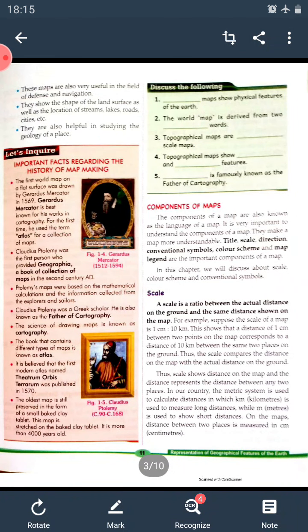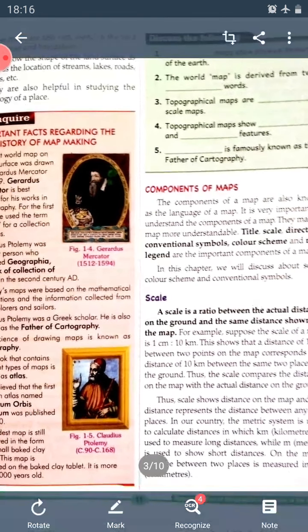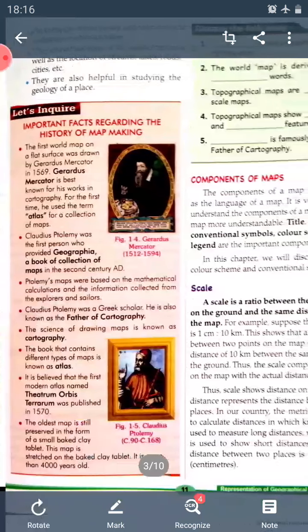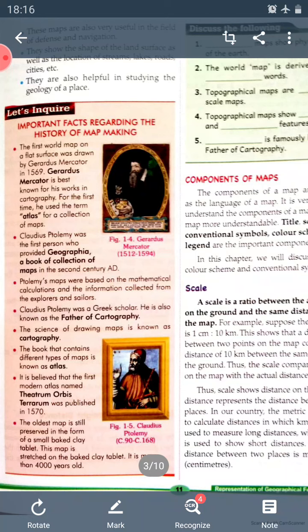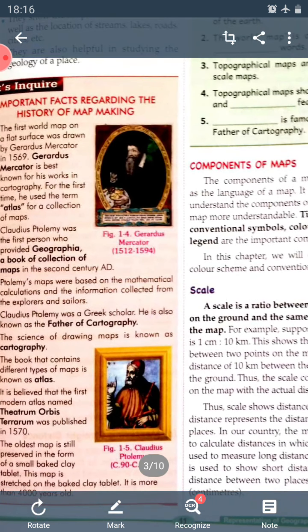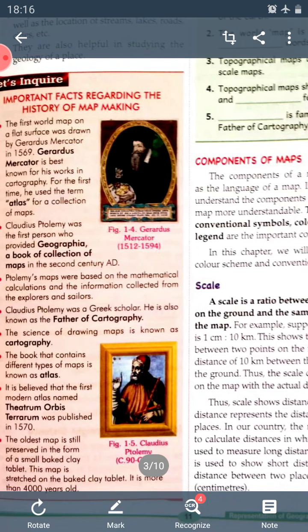Now important facts regarding the history of map making. So when was the map started in the world? The first world map on a flat surface was drawn by Gerardus Mercator in 1569.